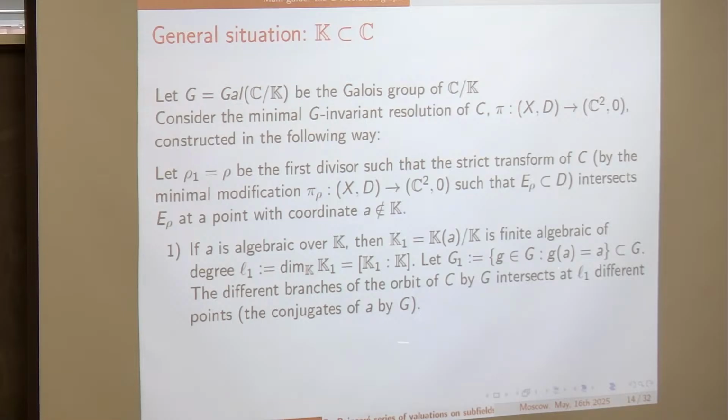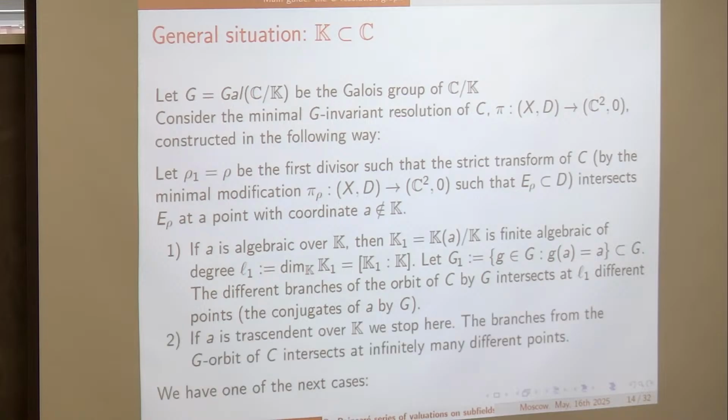That means G1 is the Galois group of C over K1. And then you have that there are different branches of C in any of the conjugate points of A. A is not in K, the group gives you some finite number of points because it's algebraic, and you have branches on all these points. Okay, this is the first possibility.